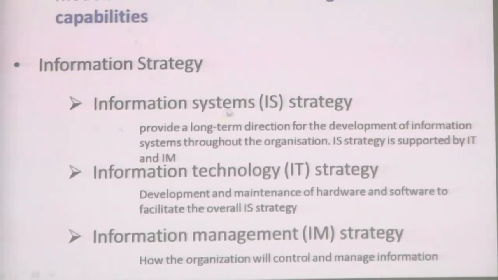There is a system, there are services provided by IT, and there is a management part. In this management part, people will be involved to manage the information through the IT strategy from this information system. So, you can understand the correlations between these three functions, three strategies.